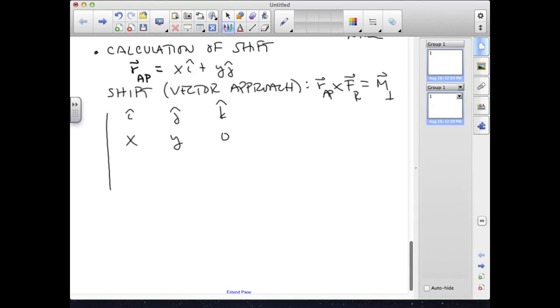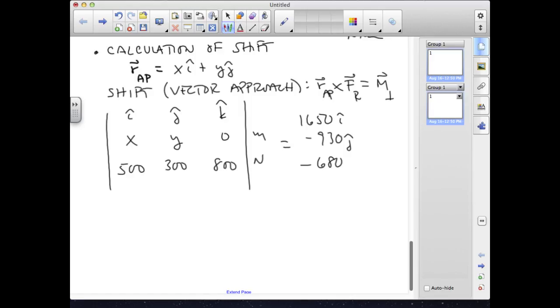So what does this look like? The cross product on the left-hand side has these components. I'm looking for X and Y, and that has to match a perpendicular moment that I know. So that's got to be equal to 1650I minus 930J minus 680K newton meters.